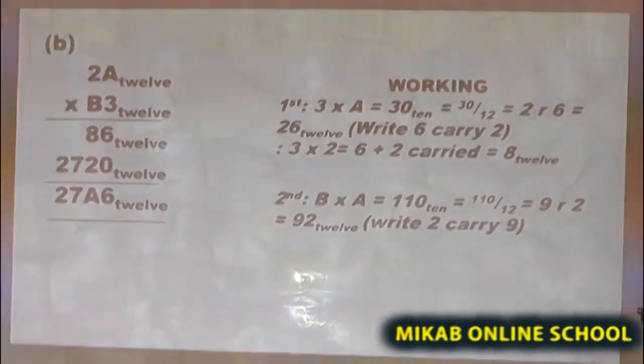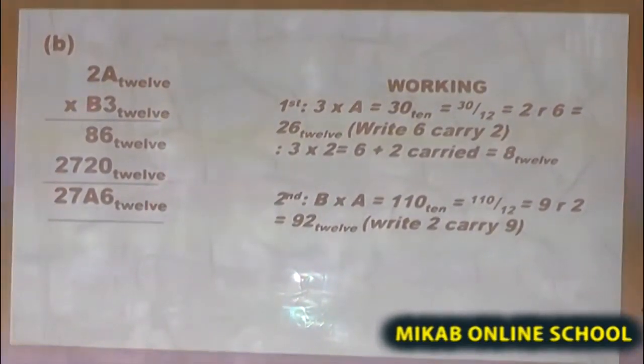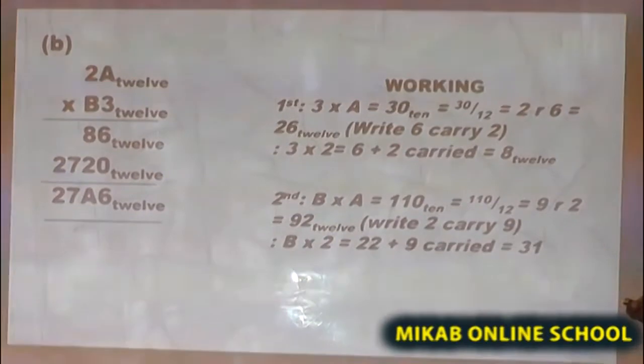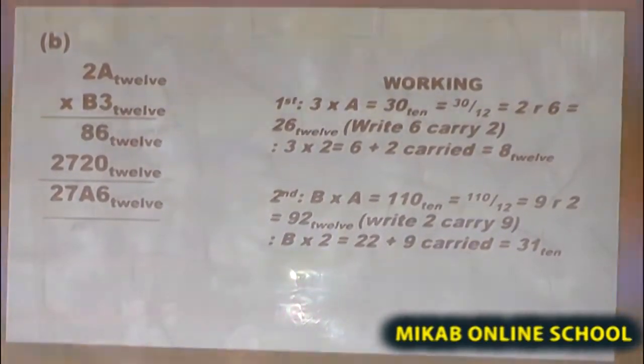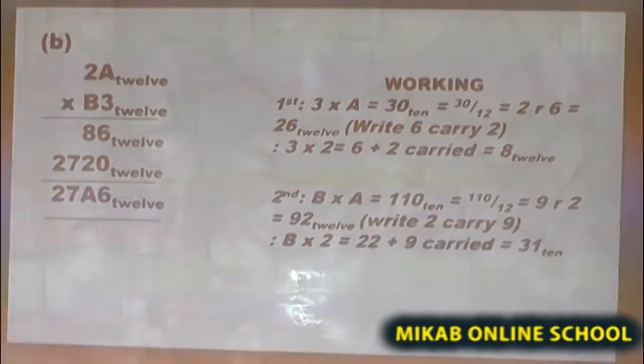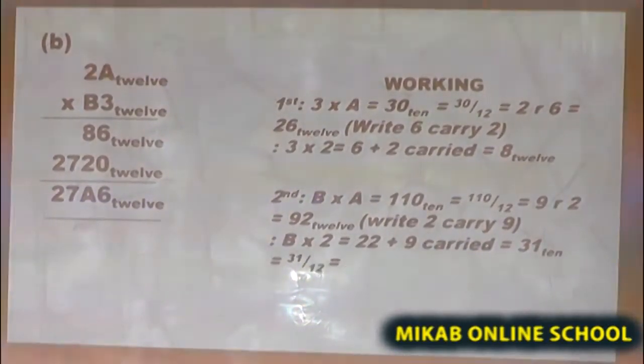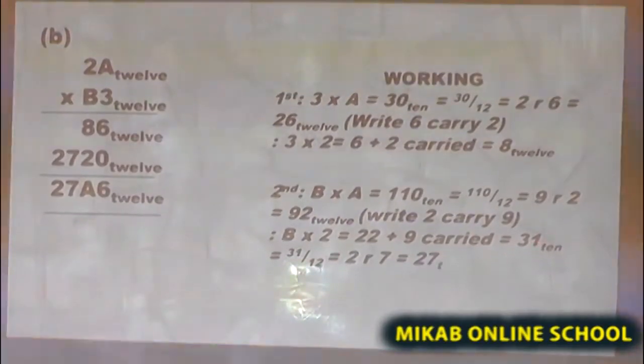Then secondly, we have B times 2. B times 2, which means 2 times 11, or 11 times 2 as the case may be. So we have 22. Remember we carried 9 here earlier, so we have that 22 plus 9, and that would be equal to 31 in base 10. 31 is already more than 12.